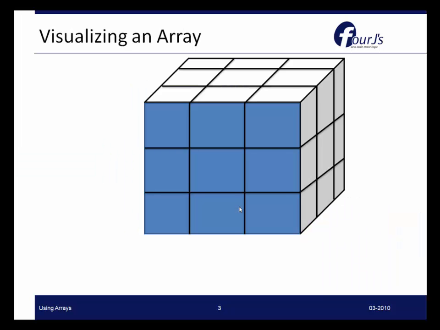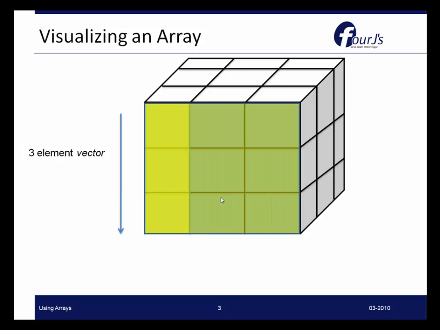Arrays can have 1, 2, or 3 dimensions. One way to visualize an array is to think of the popular puzzle Rubik's Cube. A single row or column would be a one-dimensional array. A one-dimensional array is sometimes called a vector, and here, this particular column would have 3 elements.